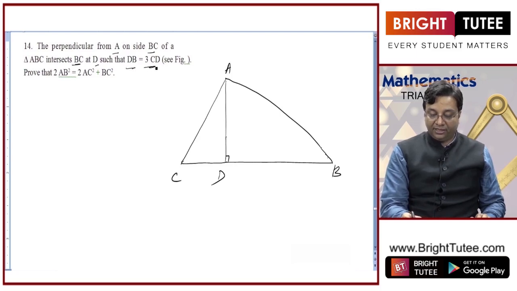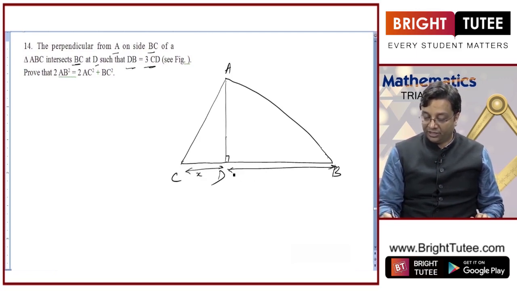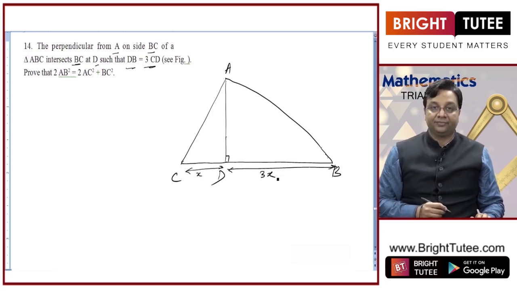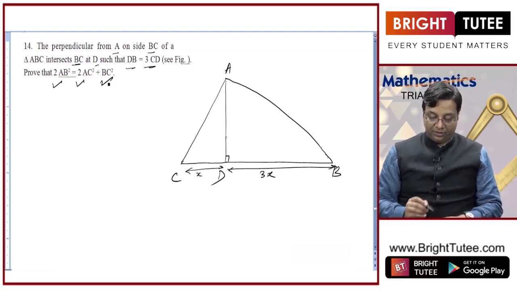So, DB is thrice of CD. So, if CD is, let us say, x, then BD is thrice of CD, that is 3x, right. Prove that 2AB square is equal to 2AC square plus BC square.